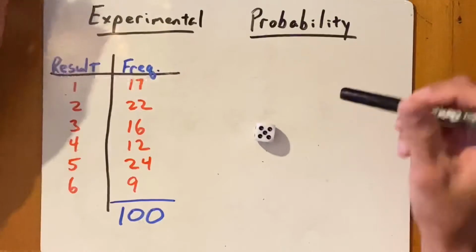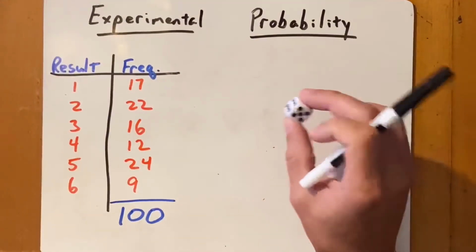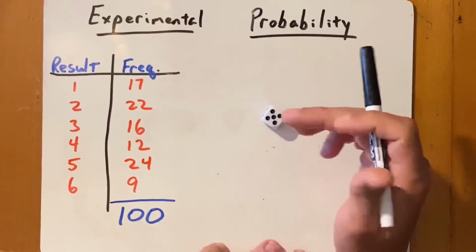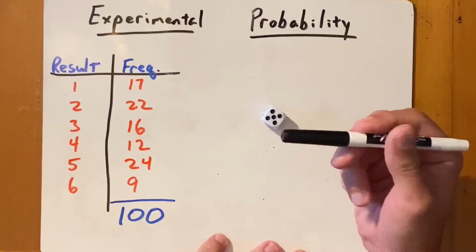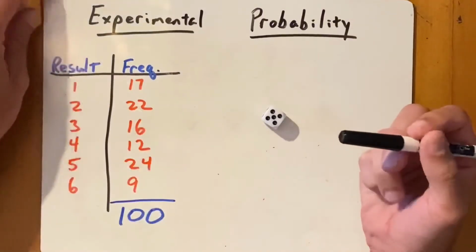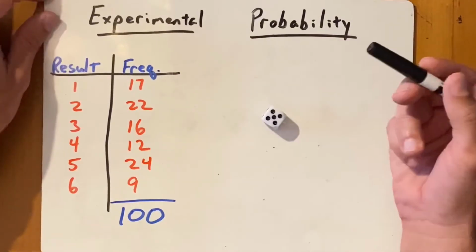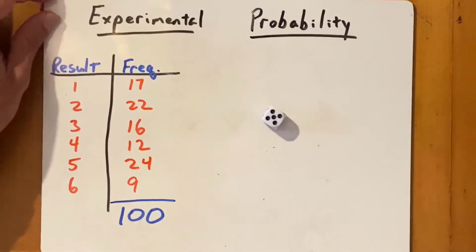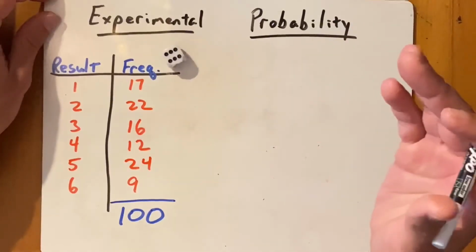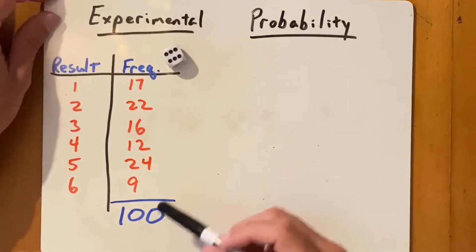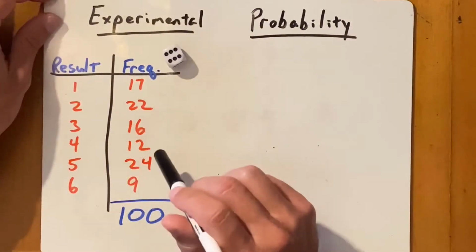Here we have our 6-sided number cube, and we're going to take a look at some hypothetical data. Remember, we need data in order to make predictions using experimental probability, because it's based on what has already happened. Let's say we roll this number cube 100 times, and each time we roll it, we log what the result was and how many times it comes up.